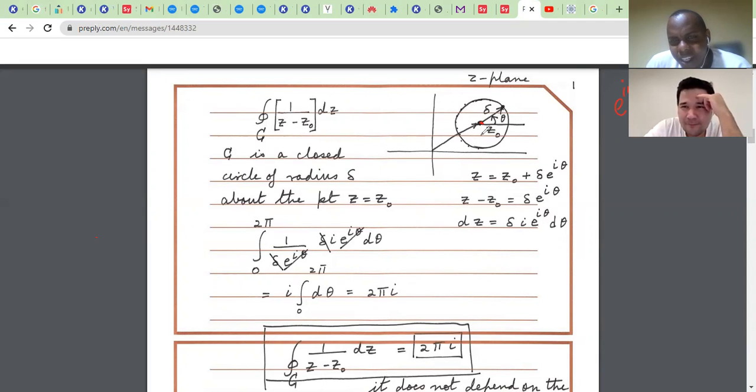I'm trying to ask myself why. I can see that if this is theta, then sine theta is going to be this side divided by that side. Let me call that side x.